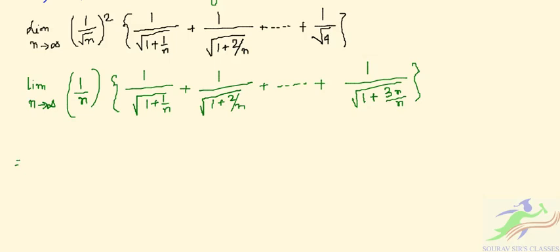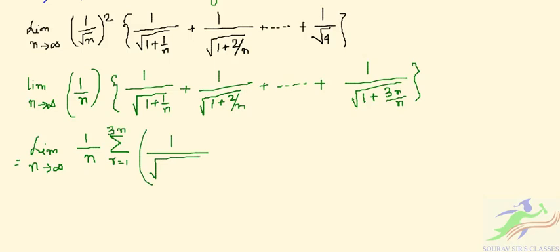The limit as n tends to infinity of 1 by n, the sum over r equal to 1 to 3n of 1 by root over 1 plus r by n.